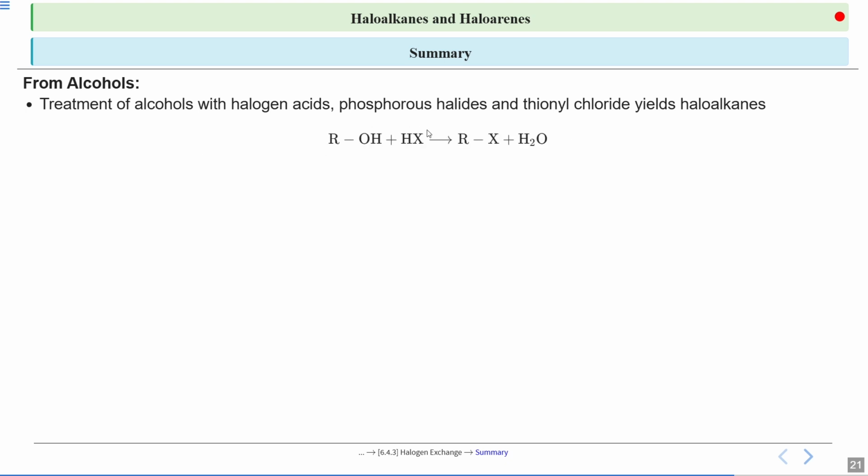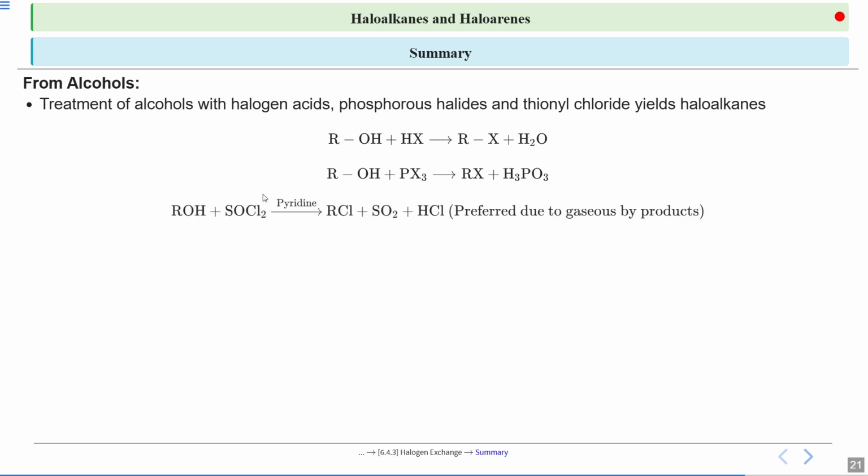ROH plus HX gives RX plus water, and ROH plus PX3, where X can be chlorine or bromine, gives RX plus H3PO3 as a side product. And ROH reacting with thionyl chloride, SOCl2, in the presence of pyridine gives RCl plus SO2 plus HCl.